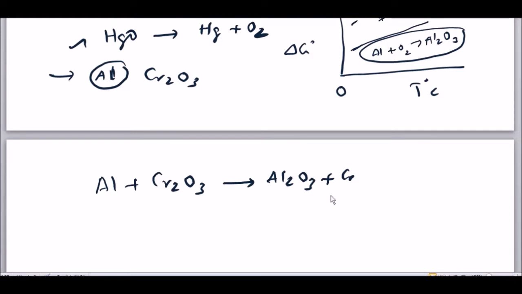In this combination, the delta G is negative. For this particular equation, the delta G becomes negative. Delta G negative means the process is spontaneous.